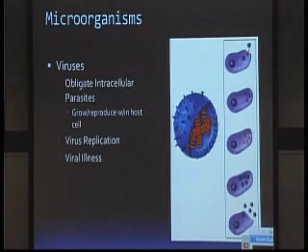Now, this can be difficult to differentiate from bacteremia because that's a disseminated bacterial infection, but much more often people with a viral syndrome have symptoms all over their body, whereas bacterial infection is localized to one part of the body.